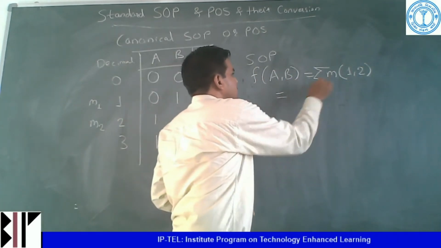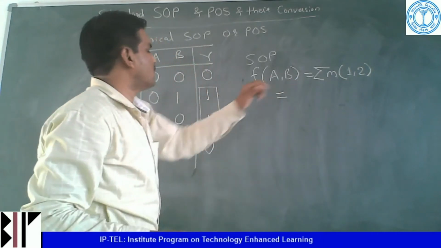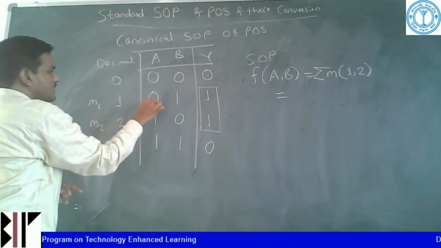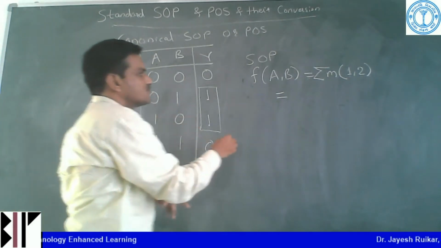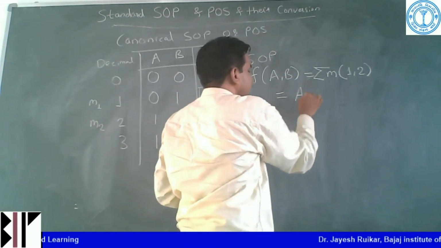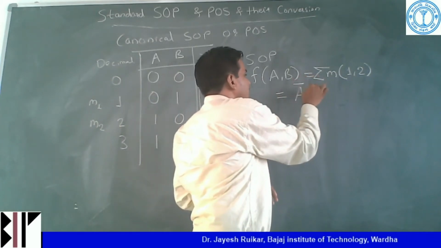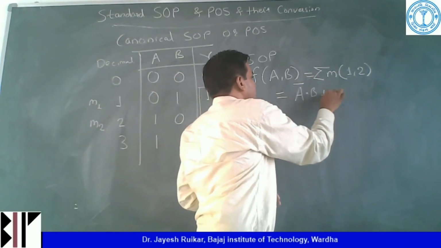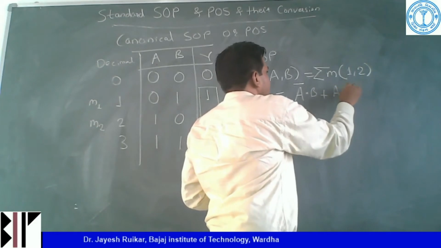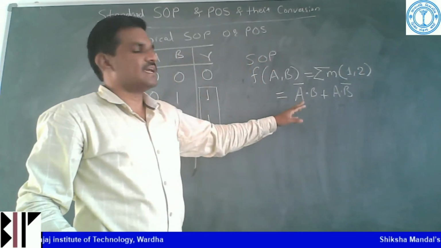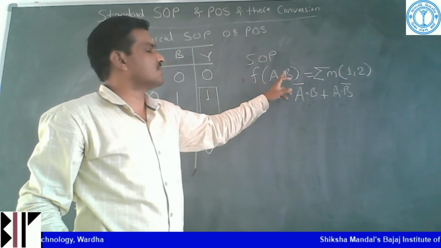Now for summation m 1 comma 2, for 1, I am able to see that A is equal to 0 and B is equal to 1. So I will expand it in terms of SOP, that is sum of product: A bar dot B plus A B bar. This is the expression of your XOR gate, in terms of sum of product.